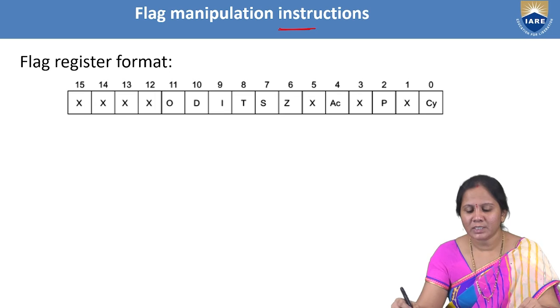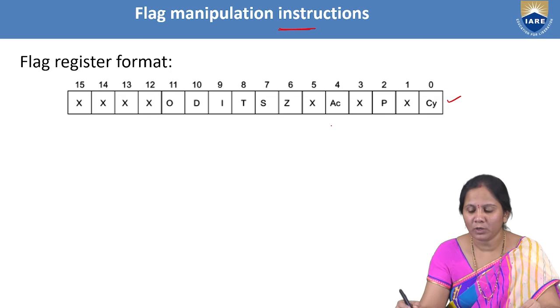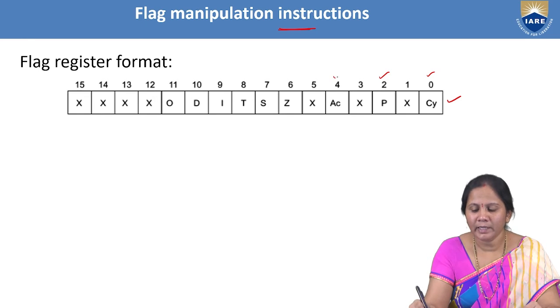Coming to the flag register format, as we know, it is a 16-bit register, but among these 16 bits, only 9 flags are used. The 0th bit is the carry flag, and this is the parity flag. AC represents the auxiliary carry flag.